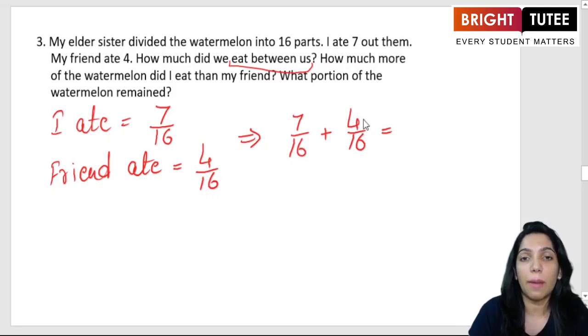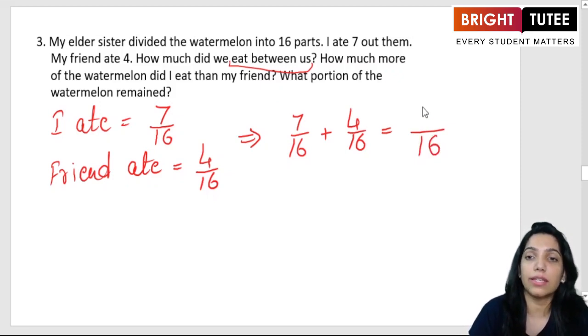So it's 7 plus 4 over 16. So what will we do? We have to keep the denominator the same, and here we'll add the numerators to write down the answer. Okay. This is the total amount of watermelon that we both ate. Now it's asking how much more of the watermelon did I eat than my friend.